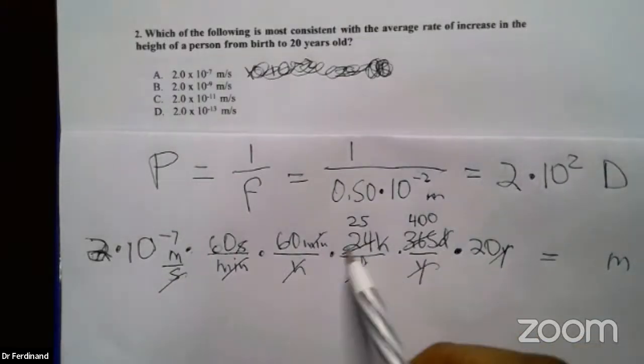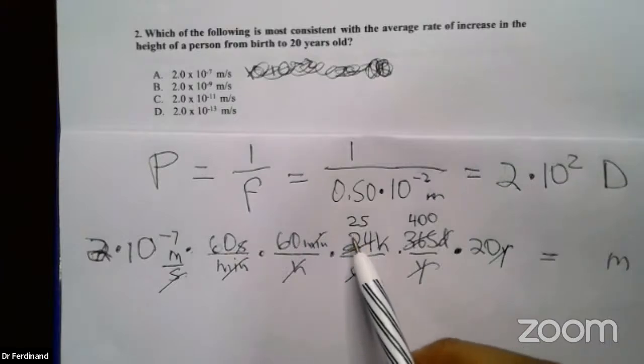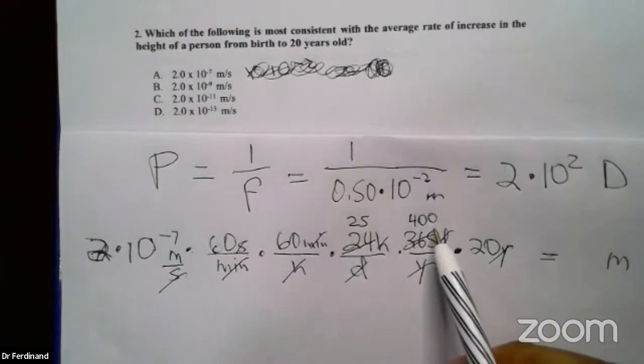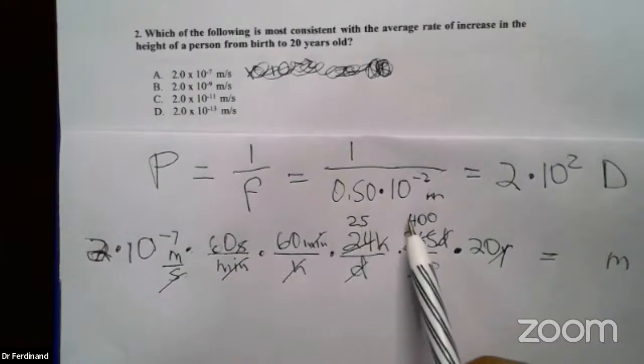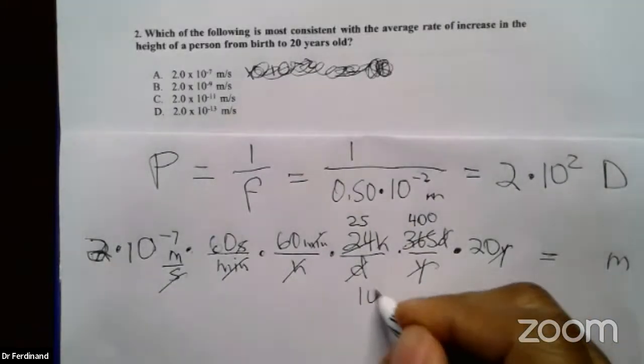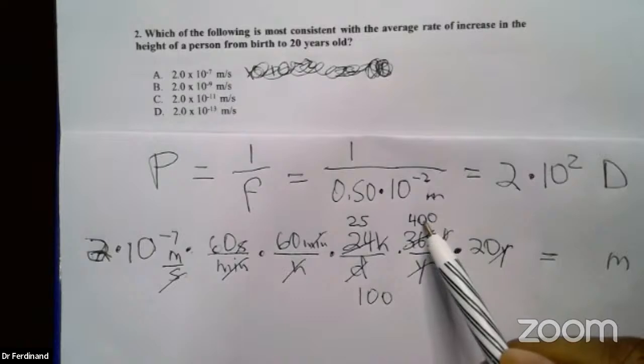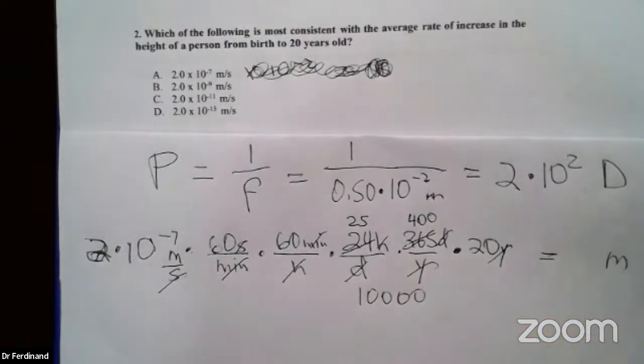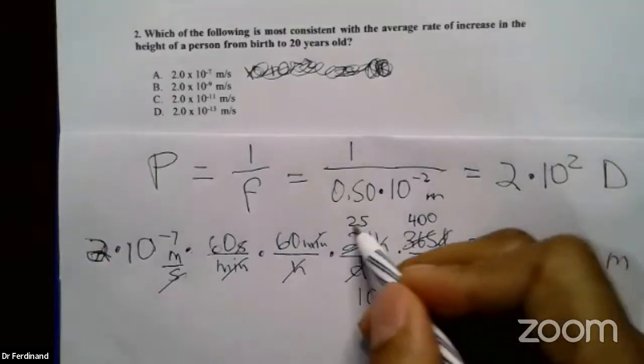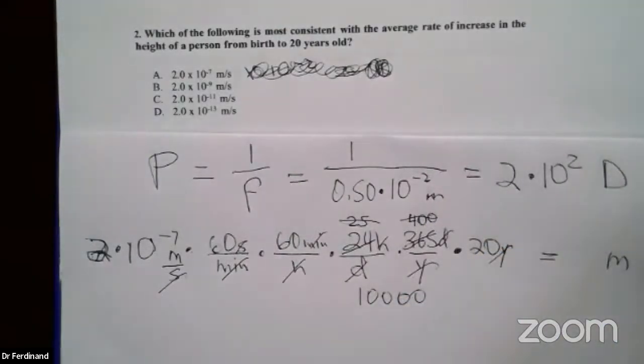Okay, and then I have something very easy, which is 25 times 400. I know that 25 times 4 is 100, and then I have two extra zeros, 1, 2. So 25 times 4 is 100, and two extra zeros. I've crossed that out.